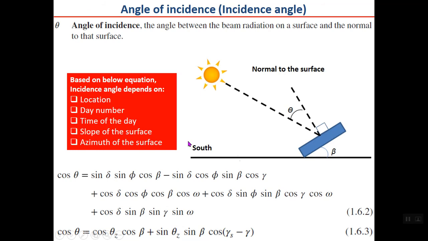The time of the day is important; you can see the effect in omega. The slope of the surface, you can see it in beta, and the azimuth of the surface, which you can see here in gamma, are important. So these are the parameters which finally give you the theta angle, or the incidence angle, or angle of incidence.